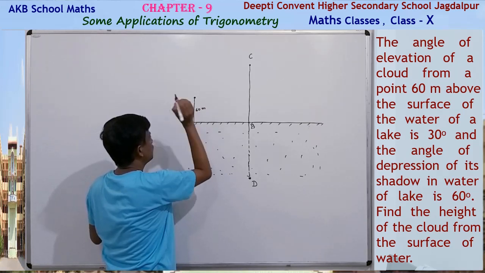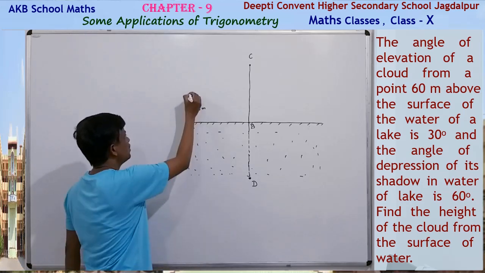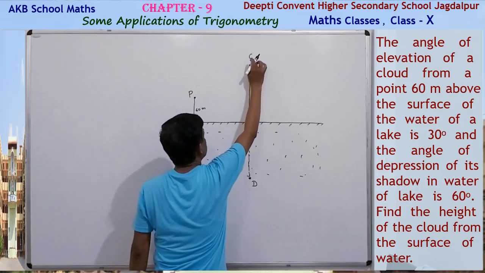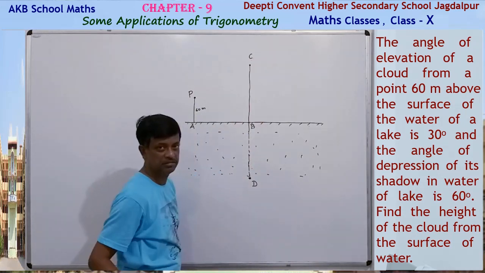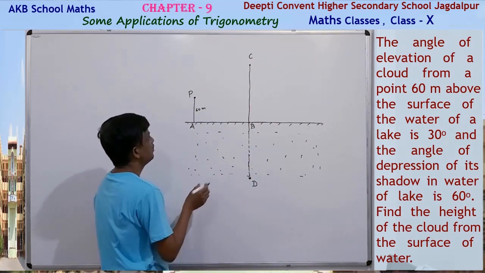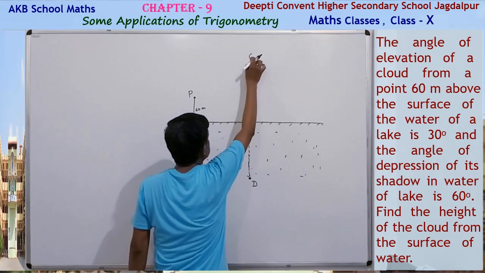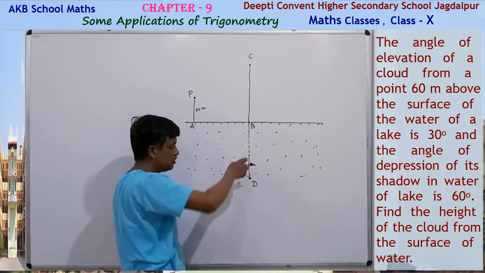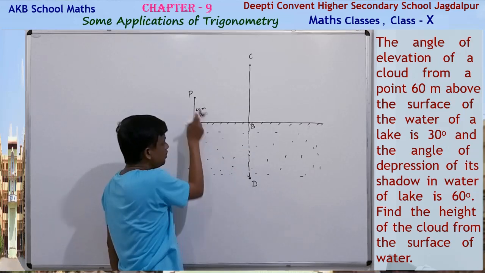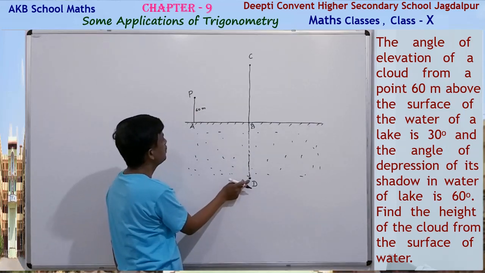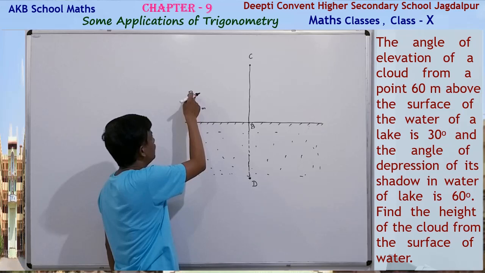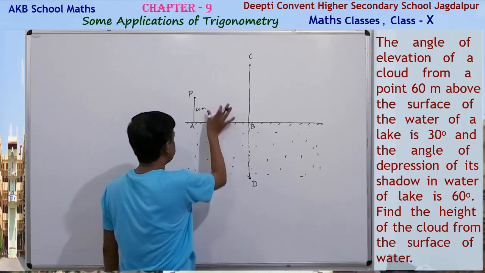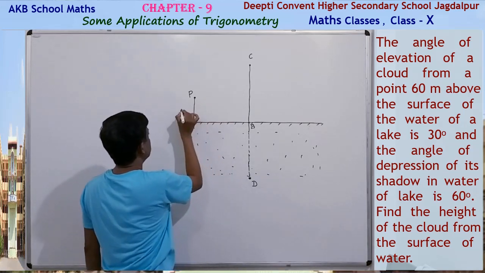Okay, this is the point P. So from this point, the angle of elevation of C is 30, and the reflection of C is D, that is the shadow in water. So the angle of depression of D from P is 60 degree. Clear?